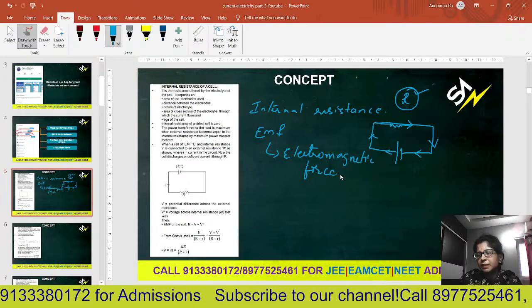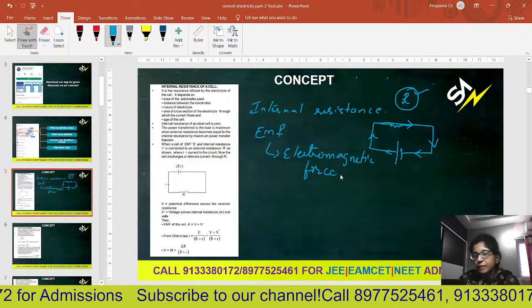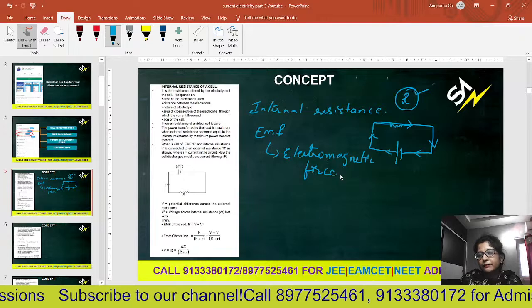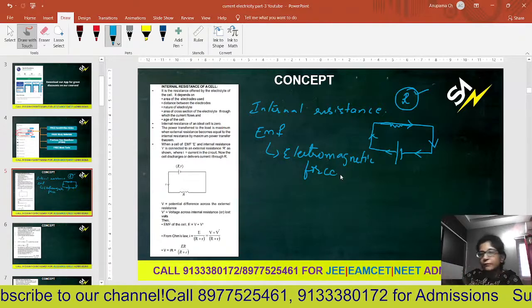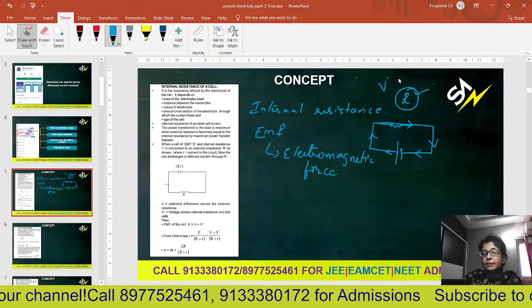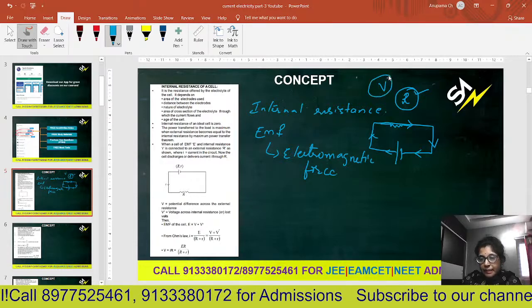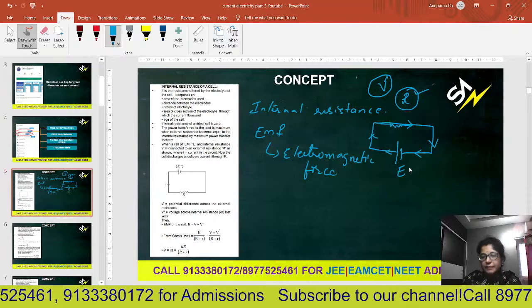In the term there is a force, no doubt, but it's not actually a force. It is nothing but the voltage, the potential we discussed, which we represent as V outside the battery in the circuit. Inside the battery, this EMF acts.